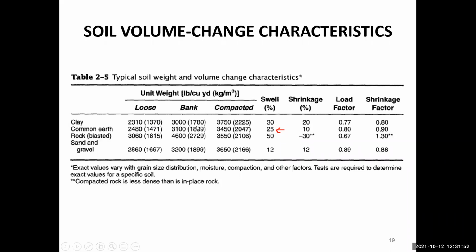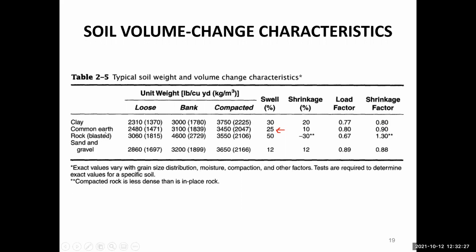In the bank condition, its typical unit weight will be 1,780, and in the compacted condition, it can be about 2,225. So if we use these typical values, then we can calculate that its percentage swell will be 30%. Its shrinkage will be about 20%. Its load factor will be 0.77, and its shrinkage factor will be 0.8. Okay.